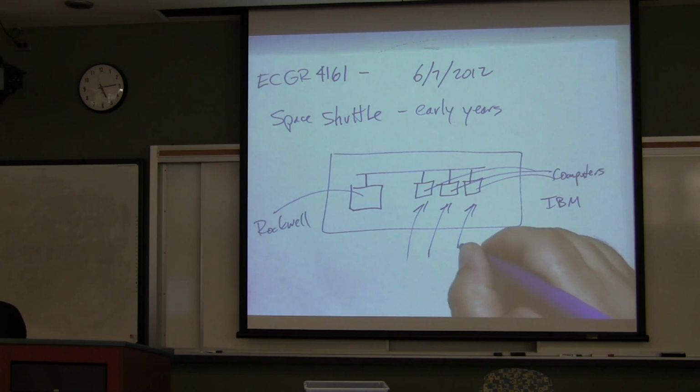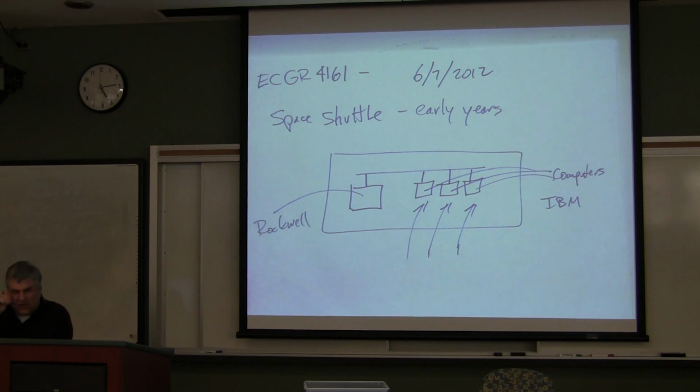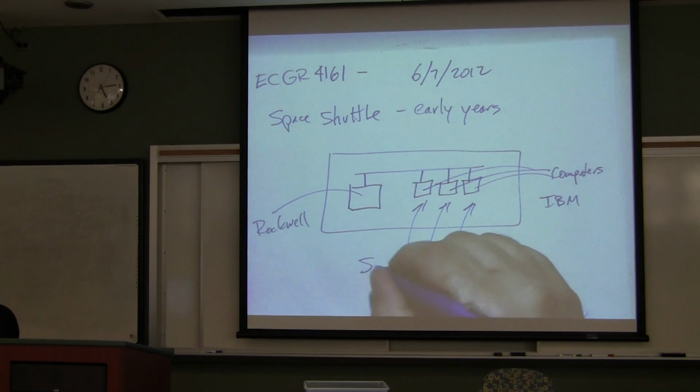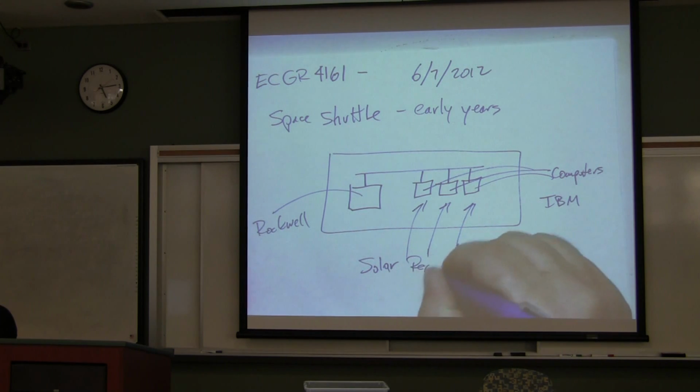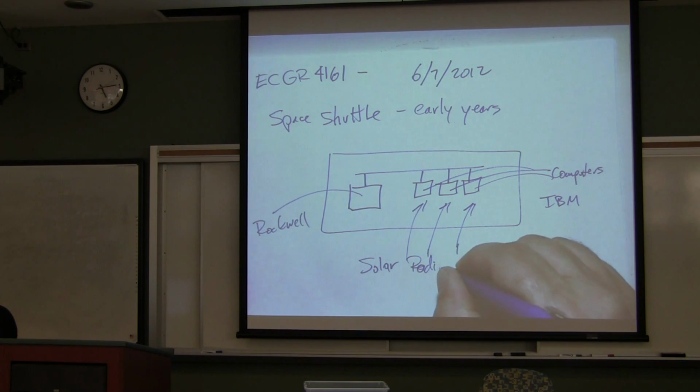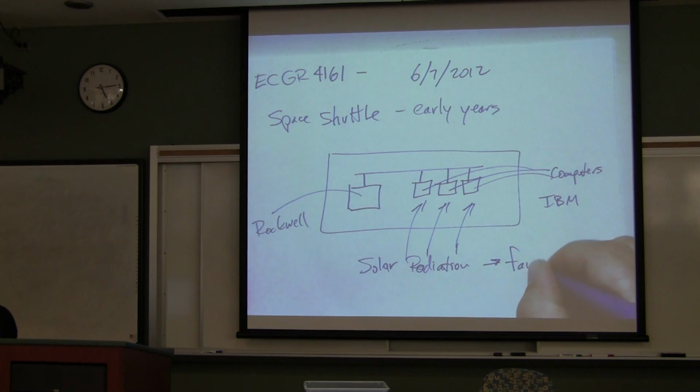So what they had was 3 computers. By the way, what could cause a failure anyhow? Electromagnetics. Solar radiation. Faulty hardware. So the biggest thing was solar radiation. Nanoparticles causing faults.